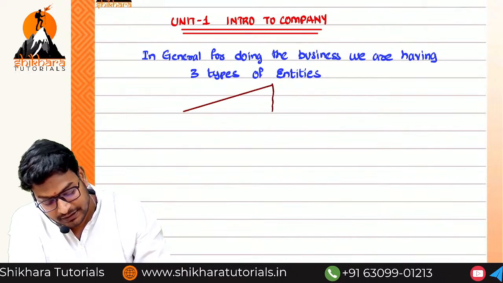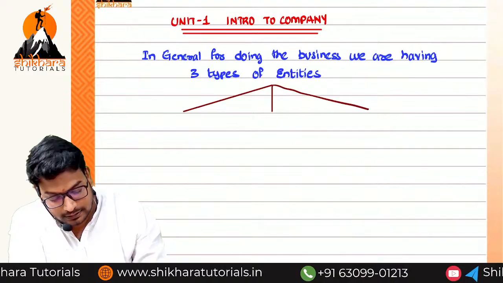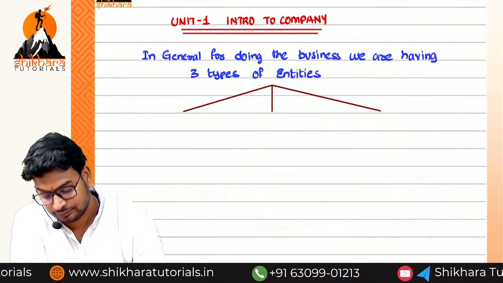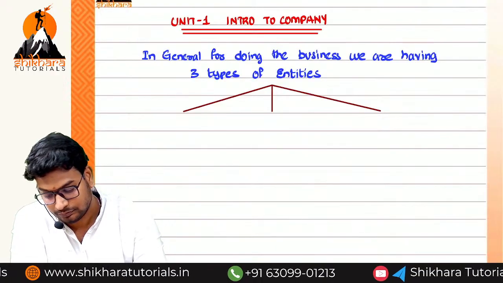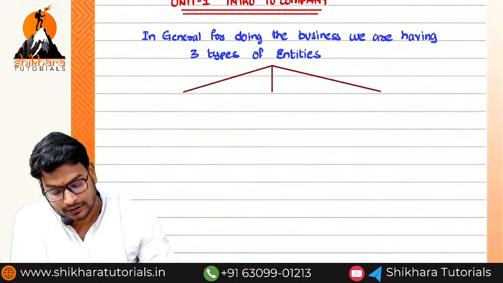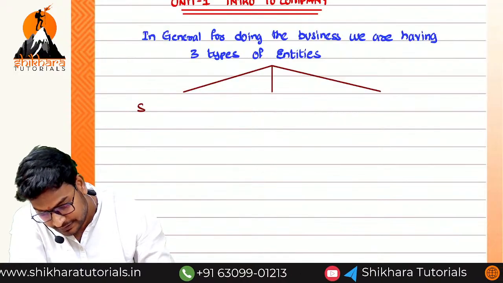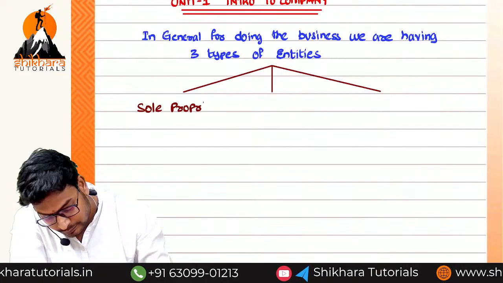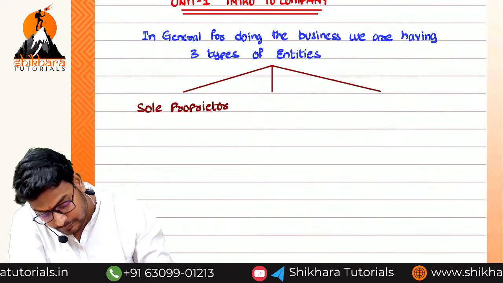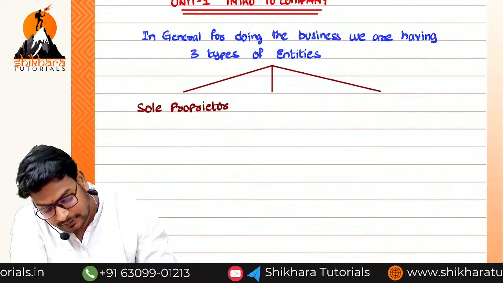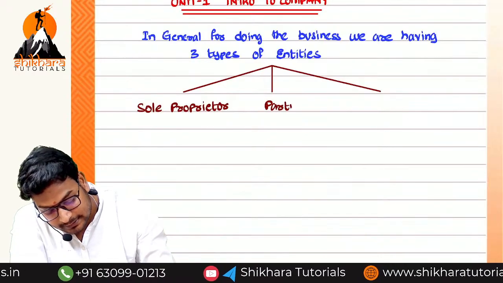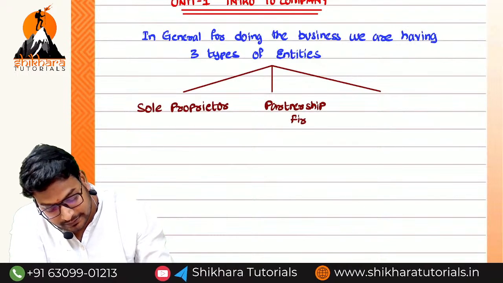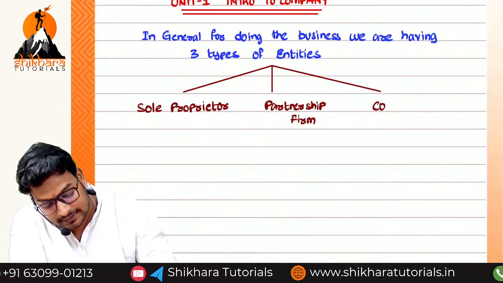So divide the page into three parts, or we can divide it like this also. What is the first one? Sole proprietorship. Next one is called the partnership form. And the next one is a company.